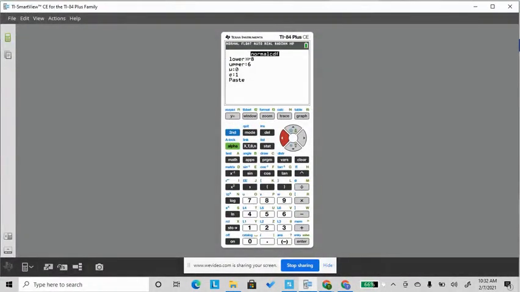Okay, so -8 to -0.65, and then keep your 0 for the Z mean and standard deviation. Then we just hit enter, and it automatically gives you this.